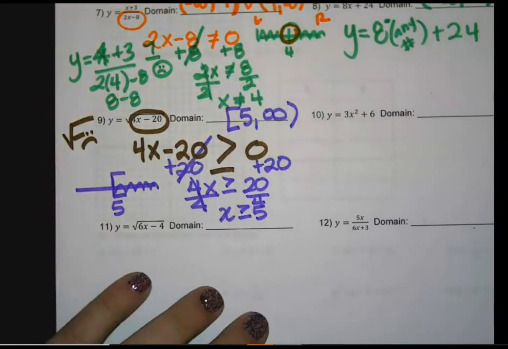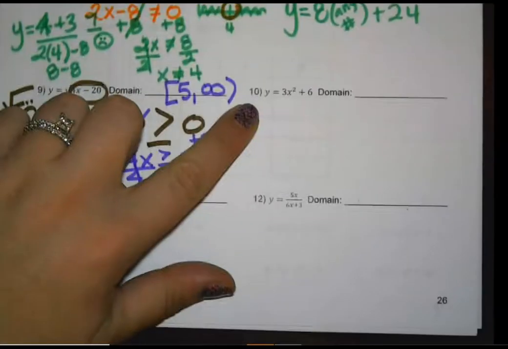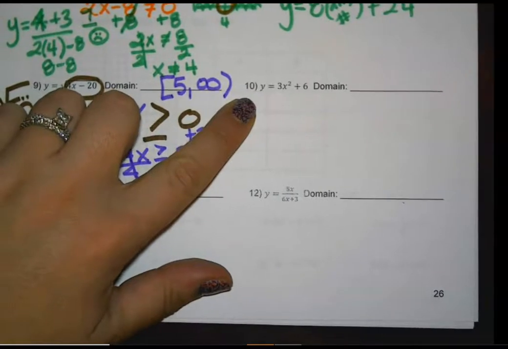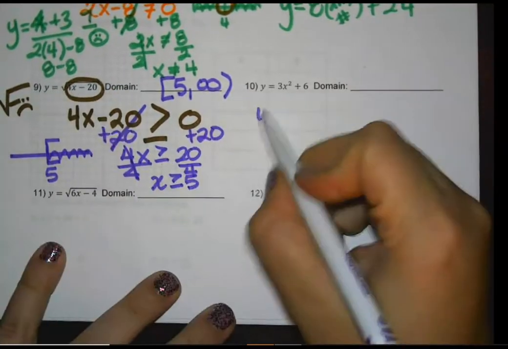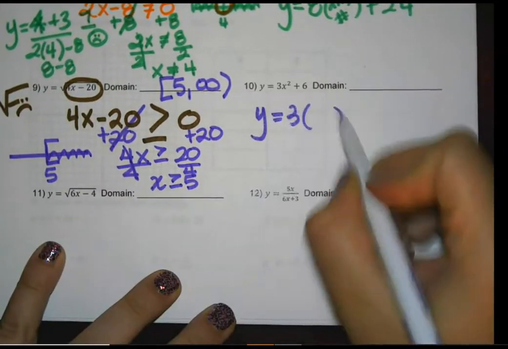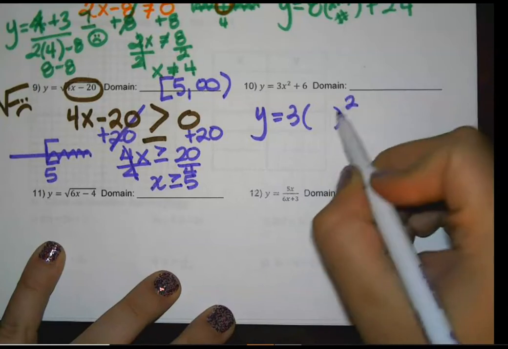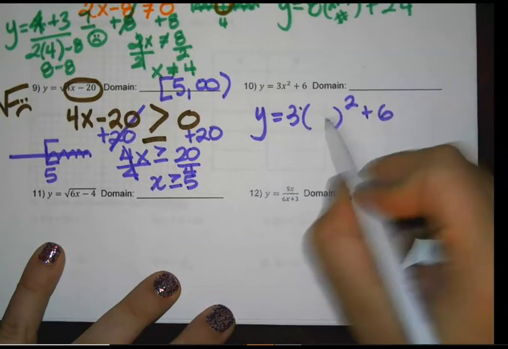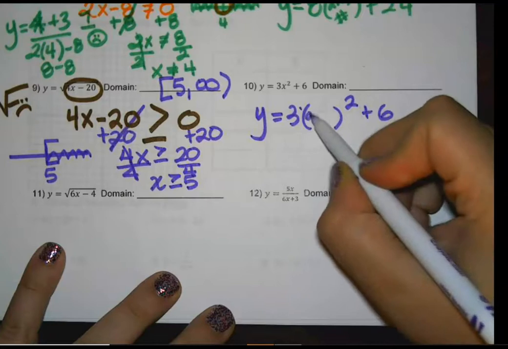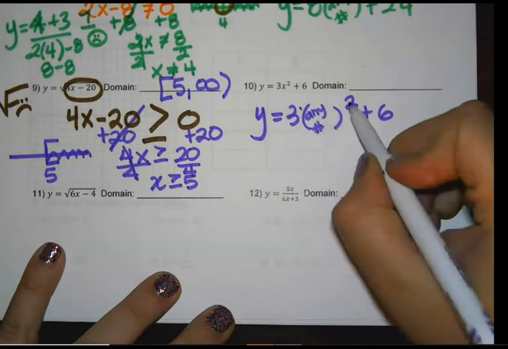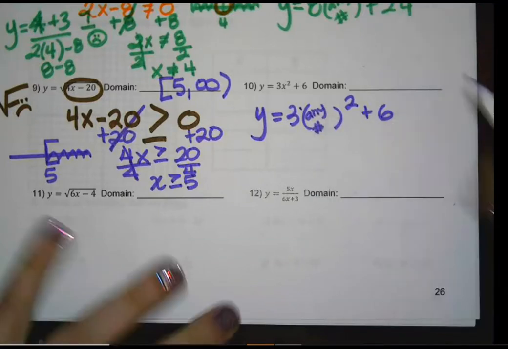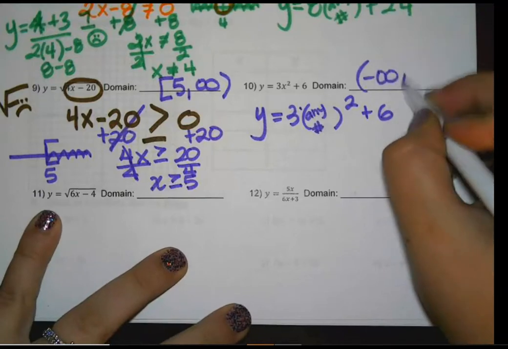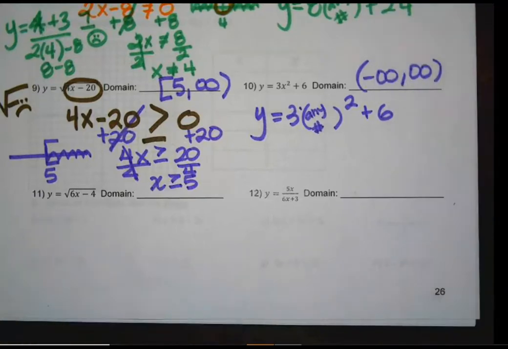Now, if we take a look at number 10, it says y equals 3x squared plus 6. It's asking us what number can we plug in and square it, multiply by 3, and then add 6 to. Hopefully you're thinking any number can be squared and multiplied by 3 and added to 6. So our domain would be all real numbers.